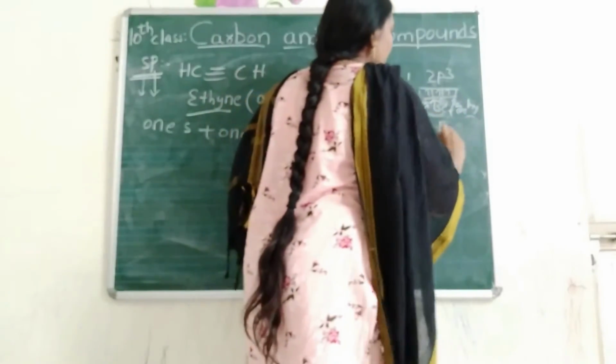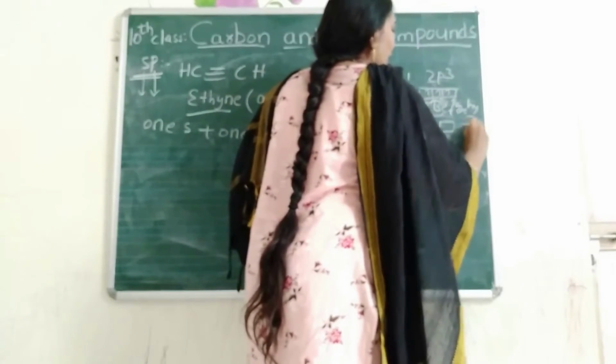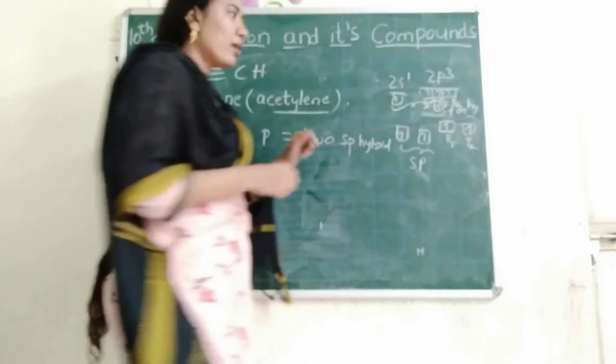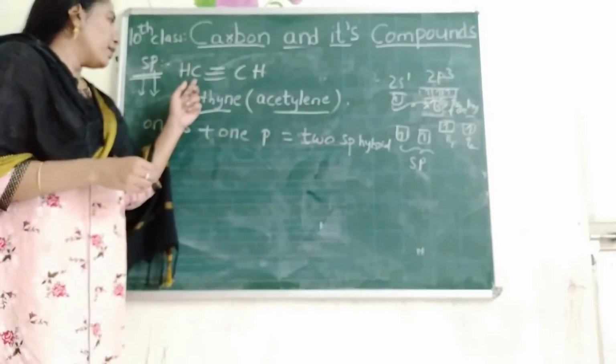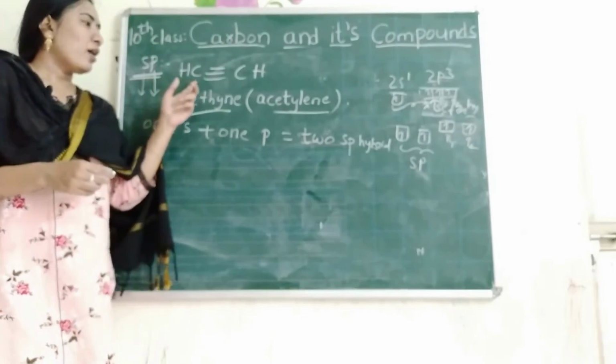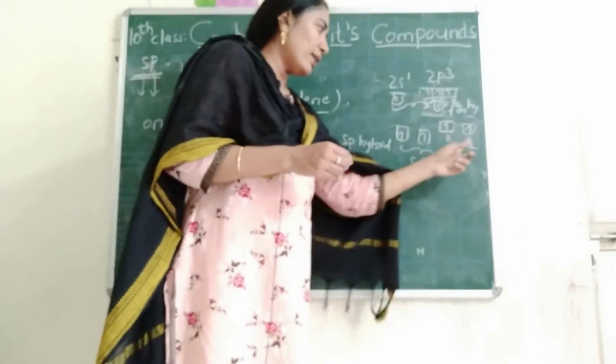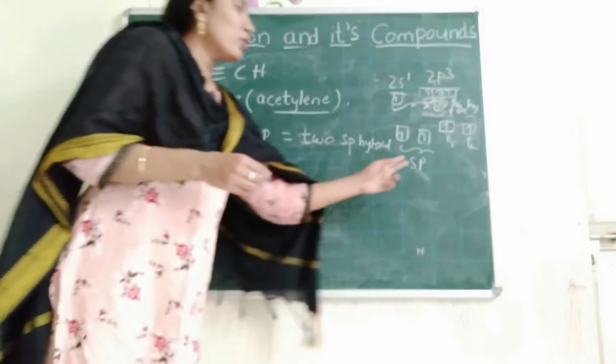For convenience, I am considering one as py and one as pz. These are unhybridized orbitals. On each carbon in sp hybridization, how many unhybridized orbitals are there? Two unhybridized orbitals and two hybrid orbitals.